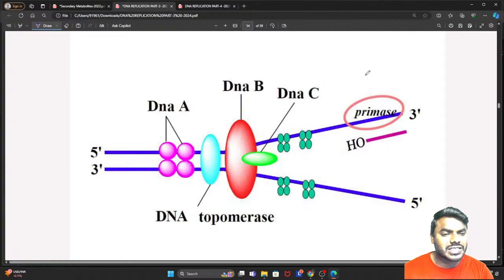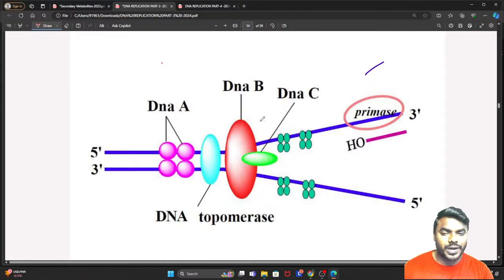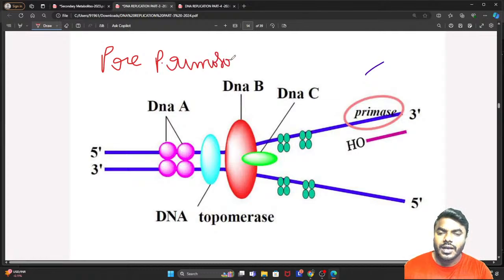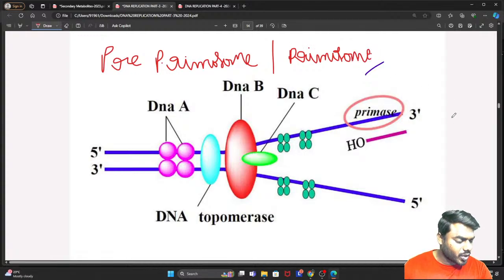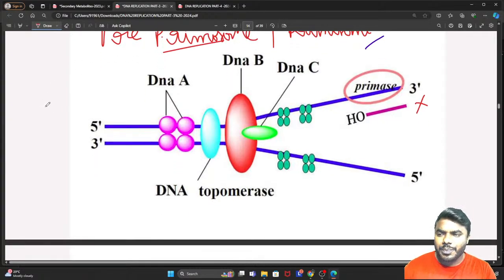This is the last slide that we discussed in yesterday's class. I'm requesting everyone, please pay super attention. I have very clearly explained to all the students the difference between the pre-primosome complex and the primosome complex. What is the exact difference? If you quickly recall my words, except for the primer, the entire complex we call the pre-primosome complex.